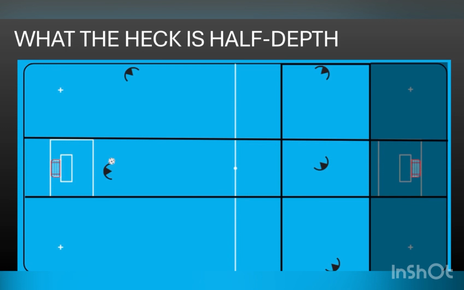So that is the deep area. But the half deep space is the one that is not in the totally deep area, at the very end of the opposing team, but it is not in the middle zone of your own team either. It is somewhere in between.